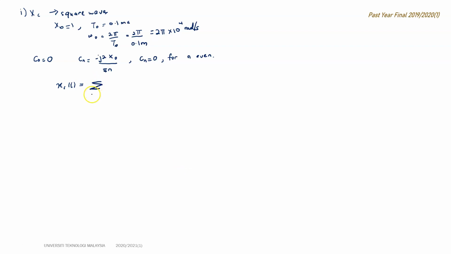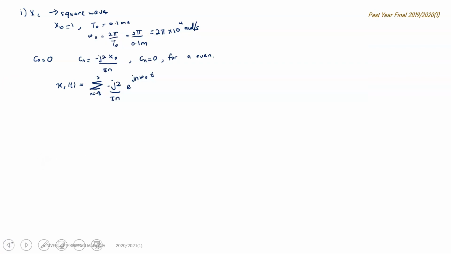Because the question asks you to find the complex exponential Fourier series up until the third harmonic, it is equivalent to the sum from n equal to negative 3 to n equal to 3 of negative j 2 x naught, here x naught is 1, so j 2 divided by pi n, exponent j n omega naught t. It is vital for you to find this omega naught so that we can put it in the equation later on.